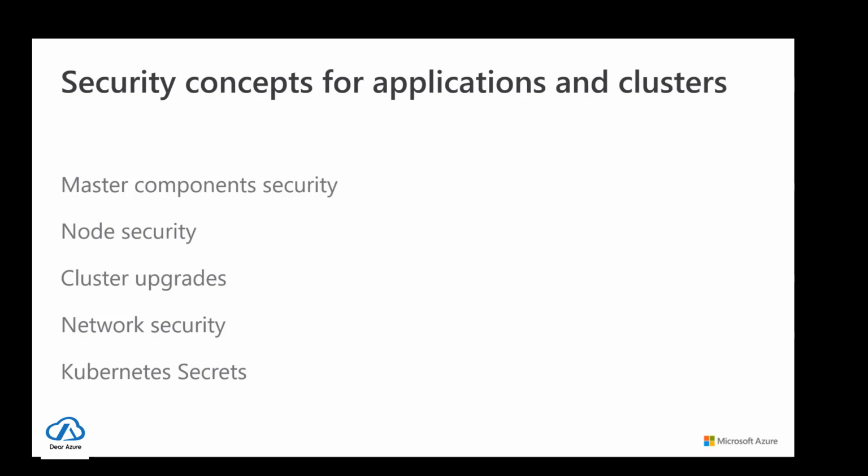Sometimes you enter sensitive information like a password, any credential in general, or API keys into a YAML manifest file. Instead, the recommendation is to use these Kubernetes secrets and attach them to a specific pod. So not just any pod, but only the pod where the secret is actually used.